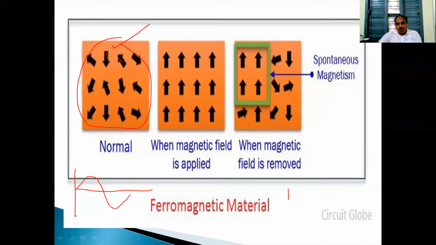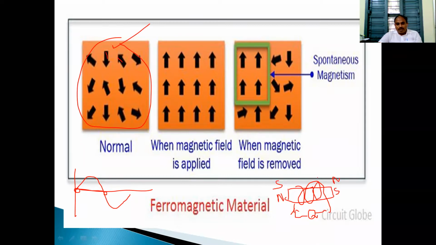Suppose this is the core, and this core is wound with copper winding. We apply an alternating supply to this copper winding, so the current passes in one direction and then reverses. For the positive cycle, current flows in one direction, so here the north pole is present and here the south pole is present throughout this positive cycle. For the negative cycle, the north pole becomes south pole and the south pole becomes north pole because the current direction reverses.